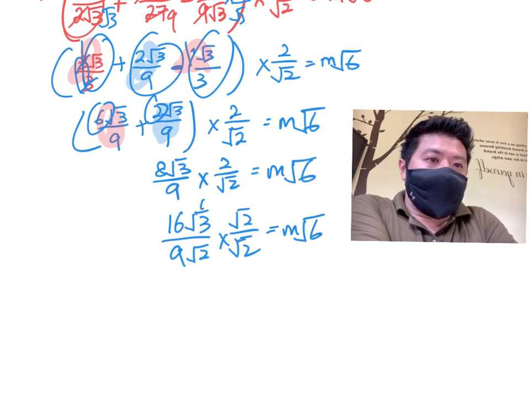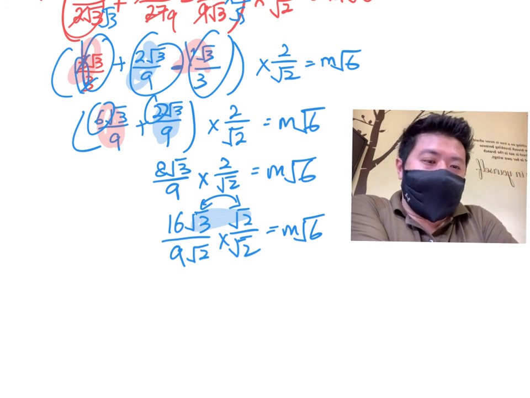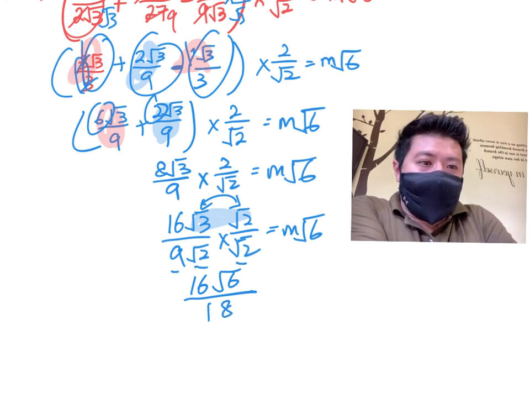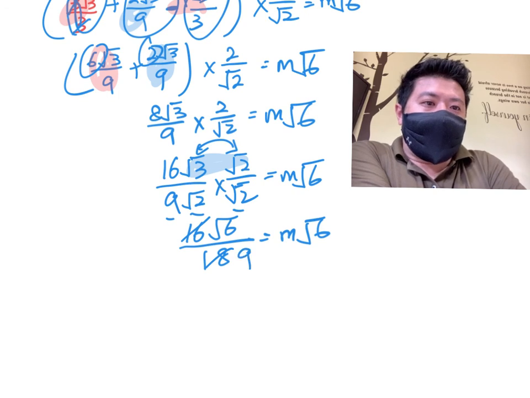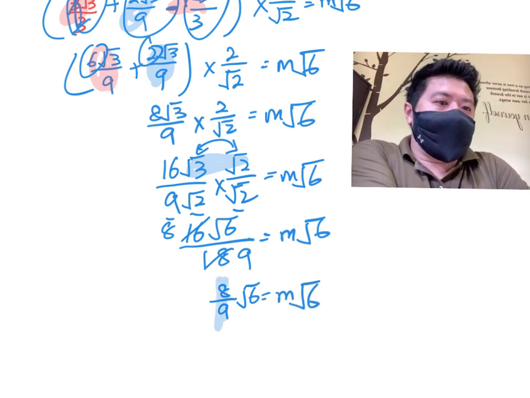Square root 3 times square root 2 gives square root 6, so I have 16 square root 6 over 9 times 2, which is 18, equals m square root 6. Simplify by dividing by 2 on top and bottom: 8 over 9 square root 6 equals m square root 6. And therefore, m is equal to 8 over 9.